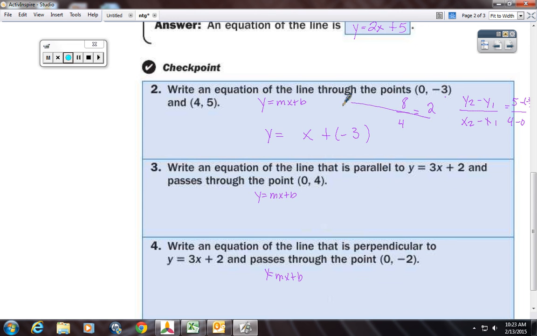Or you could rewrite it like this: y equals 2x minus 3. Either one of these is the answer. Okay? So now I'm going to do number 3. Write an equation of the line that is parallel. What do we know about the slope of a parallel line? They're the same. So what are the 2 letters I have to replace?